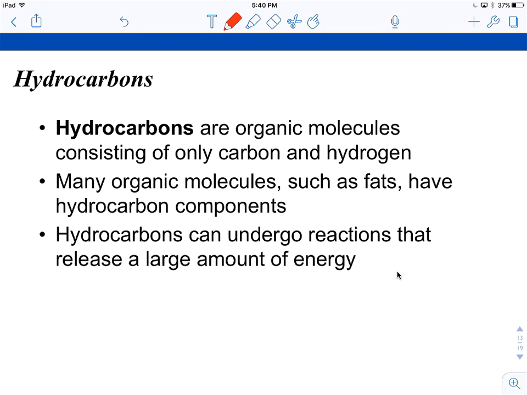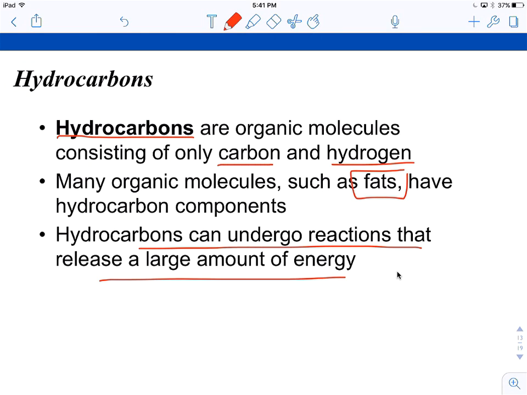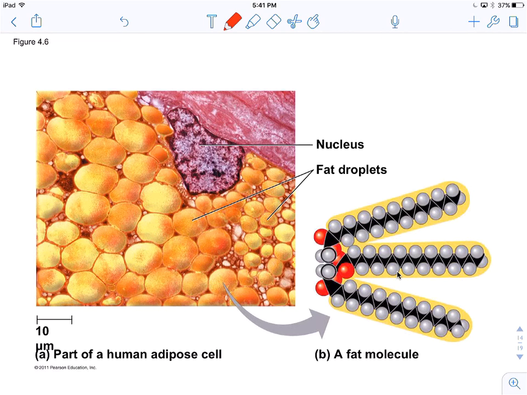All right, as I said before, hydrocarbons are organic molecules that contain carbon and hydrogen. These molecules we're going to talk about more in chapter 5. These are our fats and lipids. And hydrocarbons can undergo reactions that release a very large amount of energy. So a very large amount of energy is stored in our fats, or in our hydrocarbons.